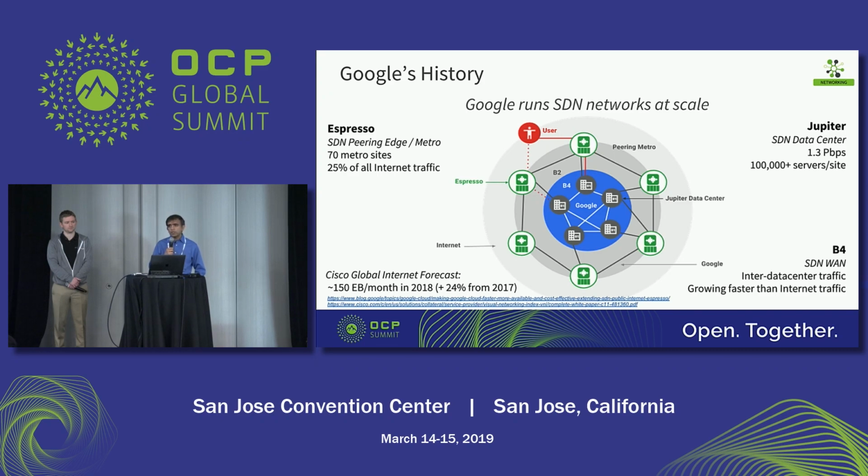So as we grow and add capacity, we want to have a means of flexible control for ease of manageability, and we are looking to evolve our SDN solution to use some of the new paradigms, which we're going to talk about in the rest of this talk.